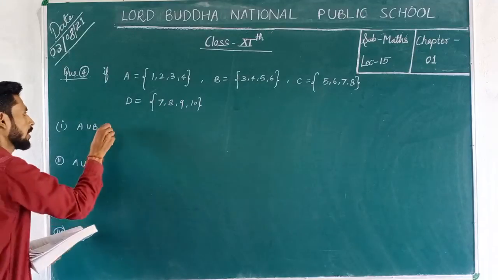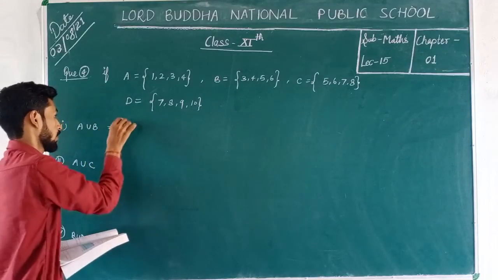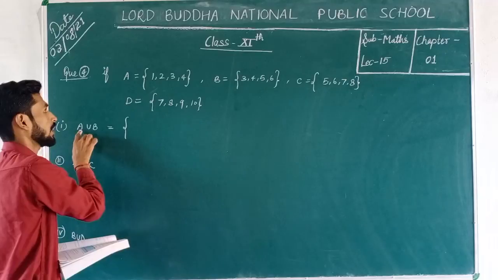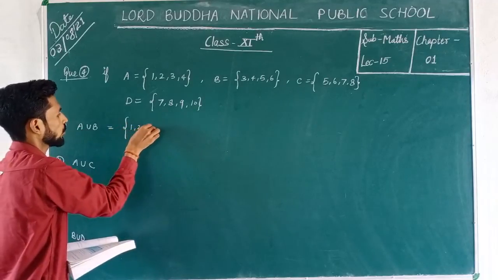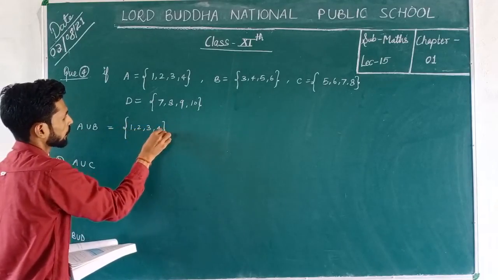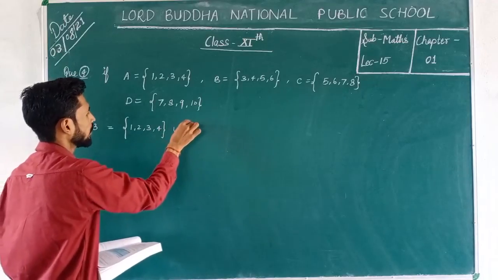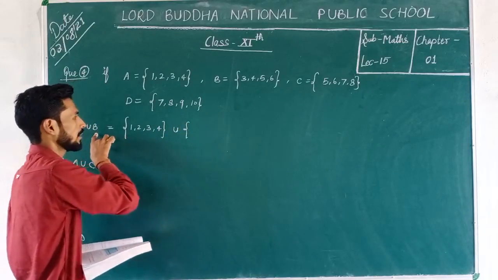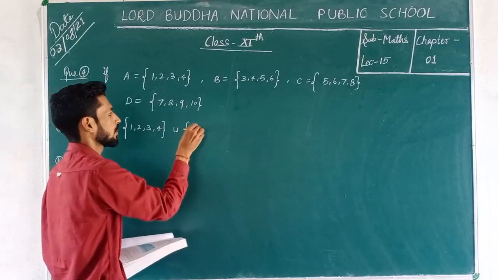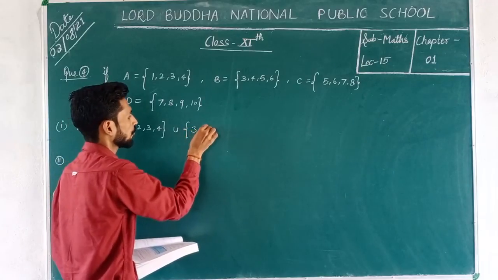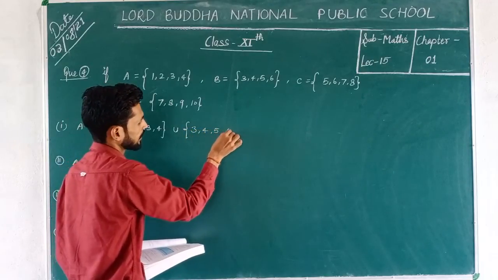Okay, now in this case write all the elements of set A, that is 1, 2, 3 and 4. Take the sign of union and then write the elements of set B, that is 3, 4, 5 and 6.